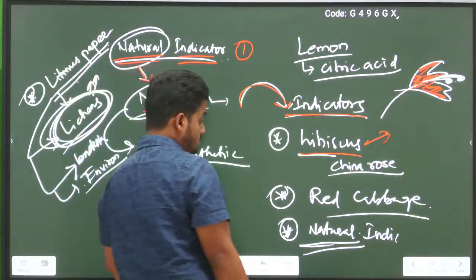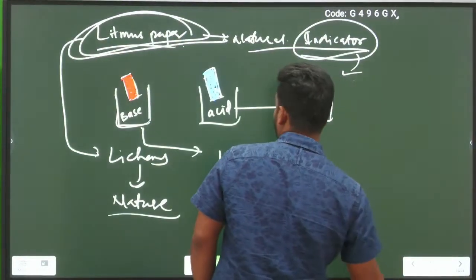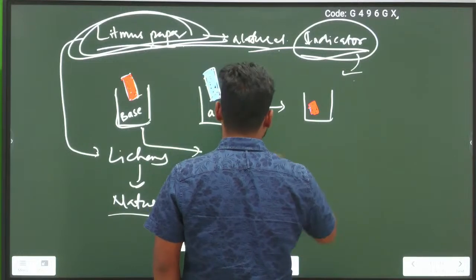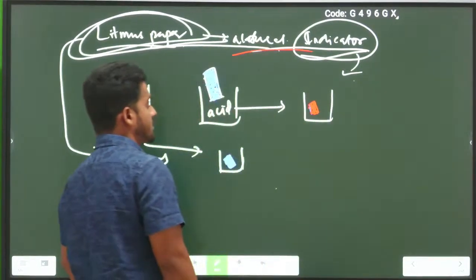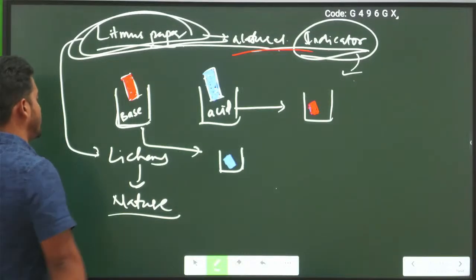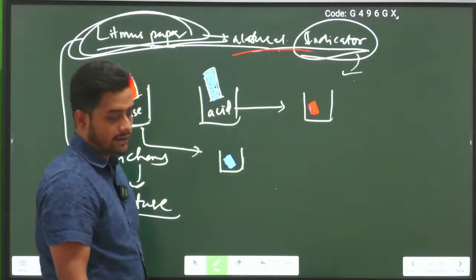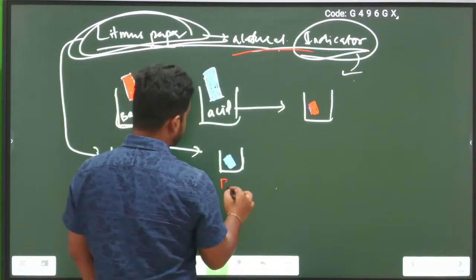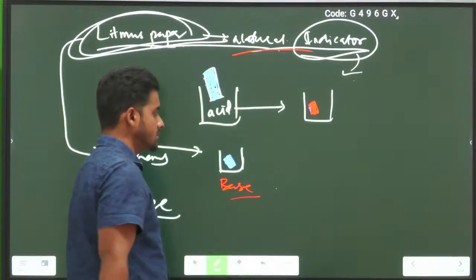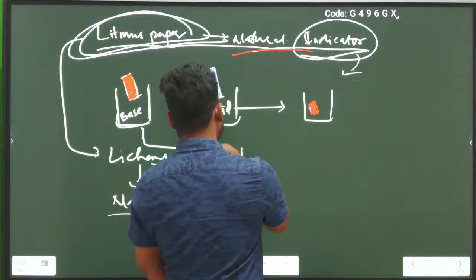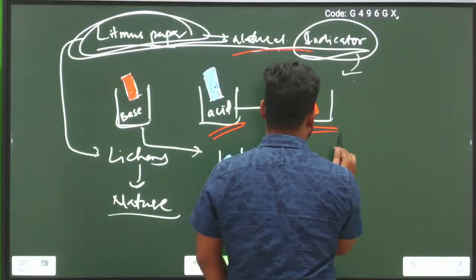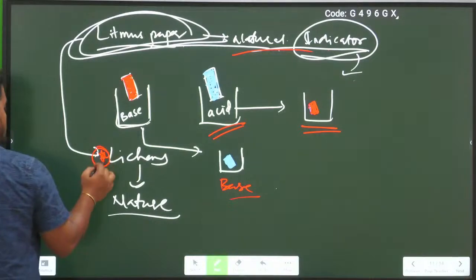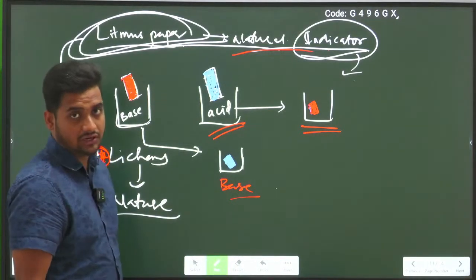So how does litmus paper work? If you take a base with red litmus paper and the red color changes to blue, then you can say it is a base. If blue litmus paper changes to red, then you can say it is an acid.